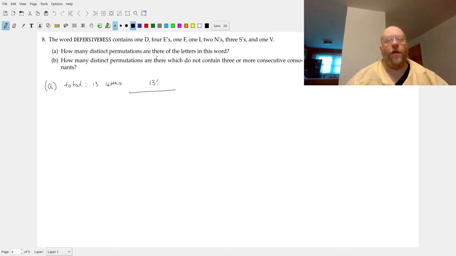But all 4 E's are the same. And so there are 4 factorial different ways of rearranging the E's that we can't tell apart. And then there are 2 N's and 3 S's. And so this gives us the total number of ways of rearranging the letters.